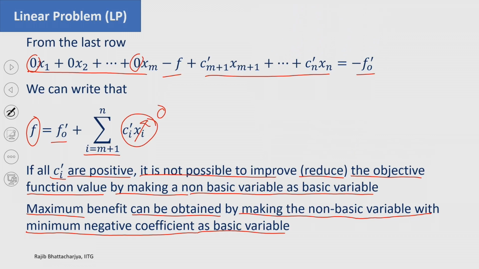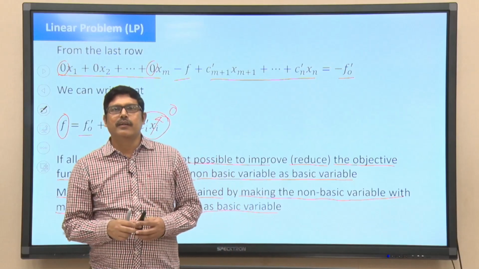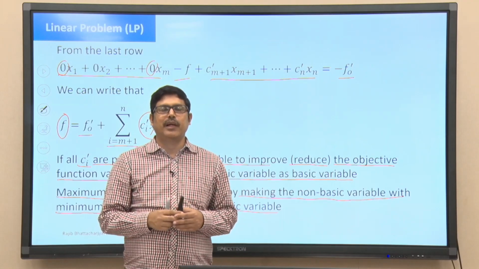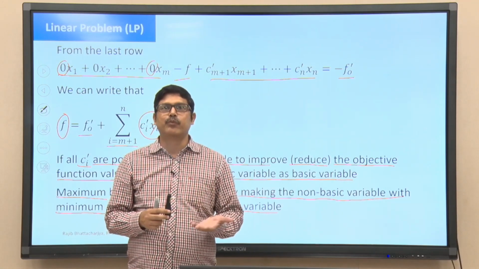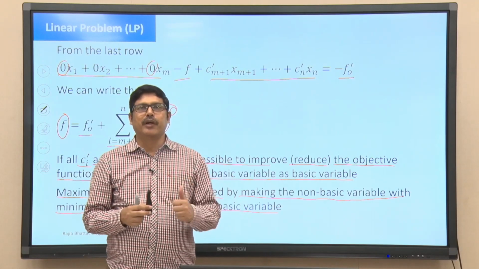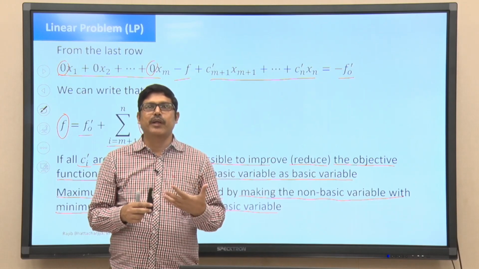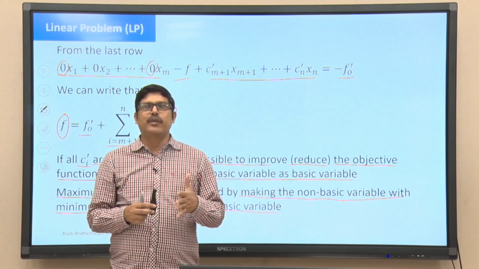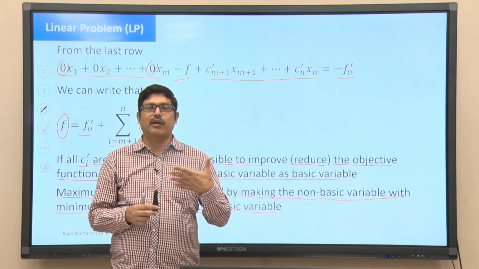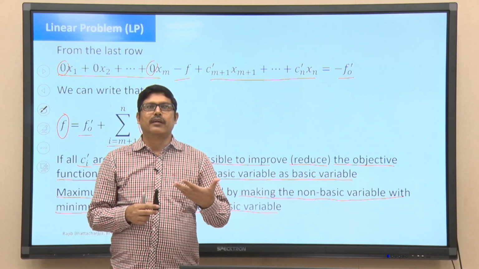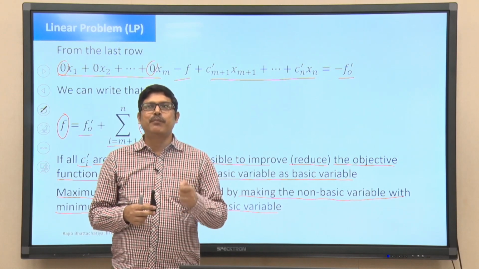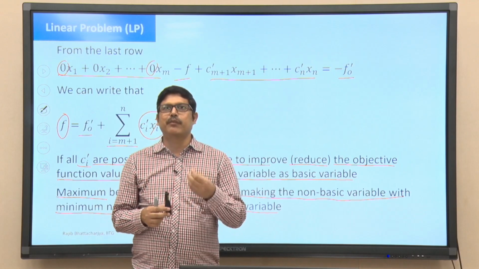As I explained in the last class, the first condition is that if all are positive, we are not getting any improved solution; we will not be able to reduce the objective function value, because we are solving a minimization problem. Now, if there is a negative coefficient, the maximum benefit we can obtain is by considering the minimum negative coefficient, the coefficient having minimum value.